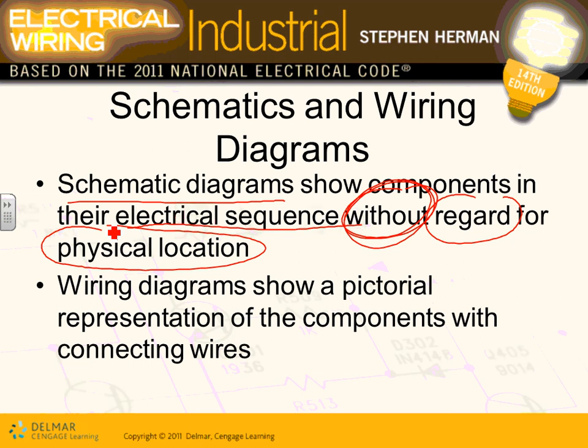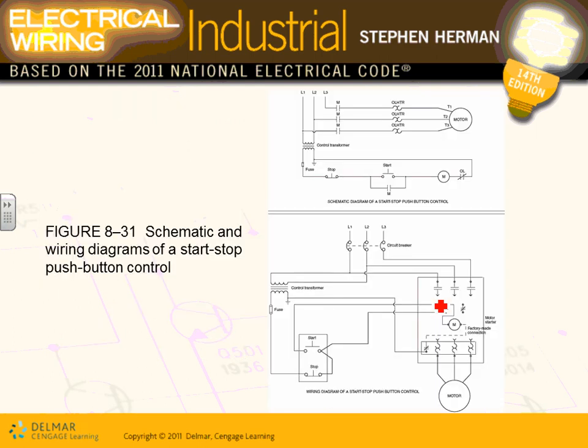You see a contact that's sitting here, and you have no idea that the contact is actually in a completely different room. The wiring diagram will show you the physical location of these components. It will show a pictorial representation of the components with connecting wiring. It will show you where this contactor is residing. Is it residing in the push button, or in the magnetic contactor?